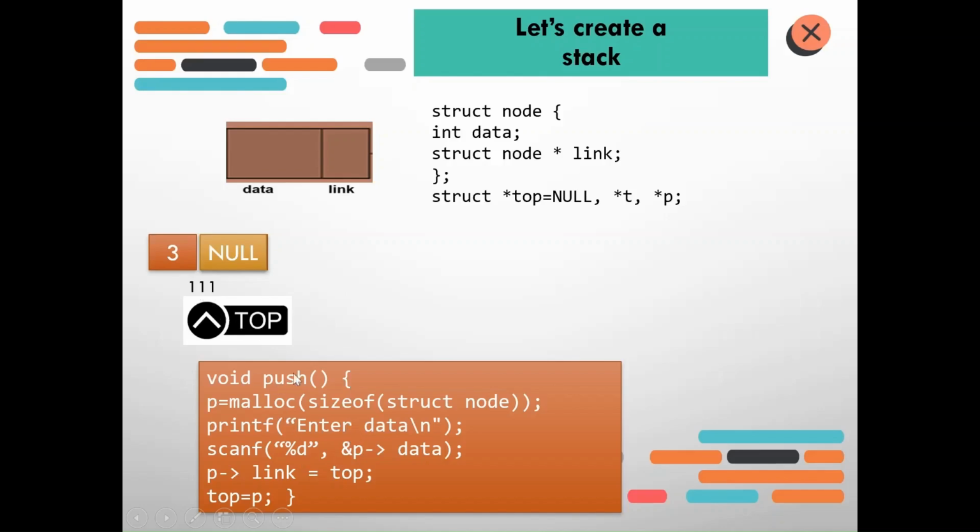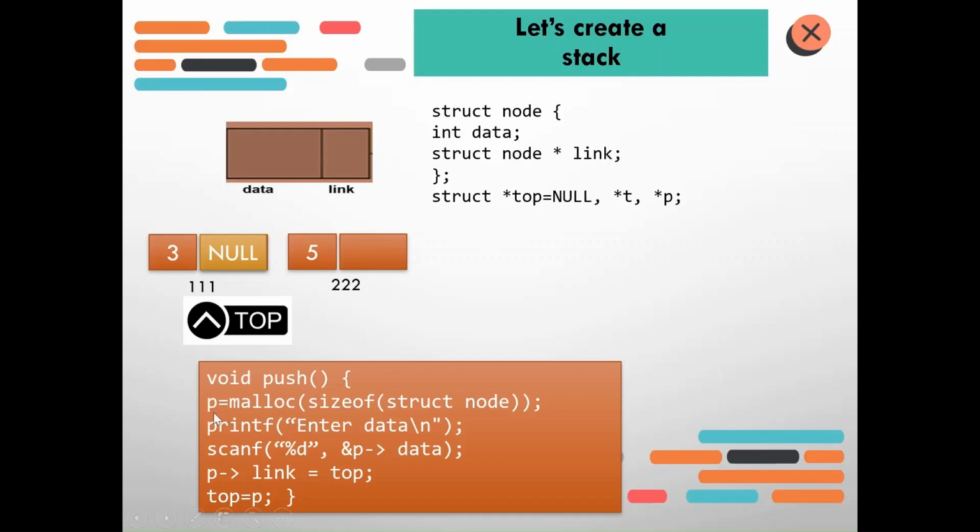Now, let us say this function was called from the calling function again. So it would be allocating another node. At what address? 222. So this P would now be 222.